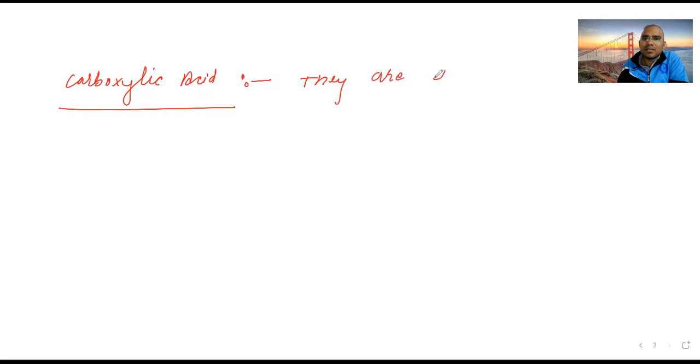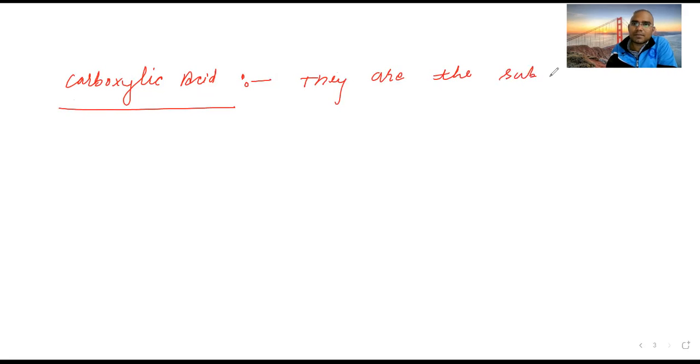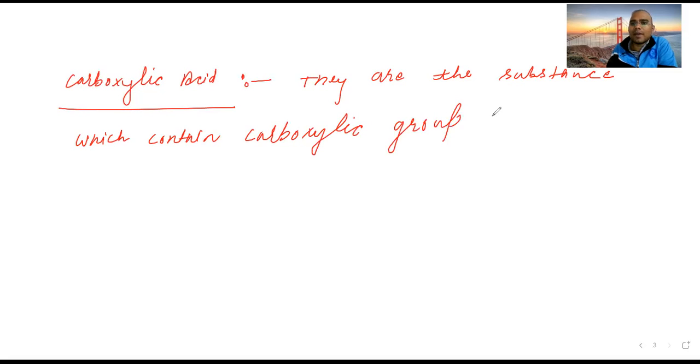I am writing the definition. They are the substances which contain a carboxylic group. What is the carboxylic group? If I write it, it is COOH, the carboxylic group. That's the functional group.